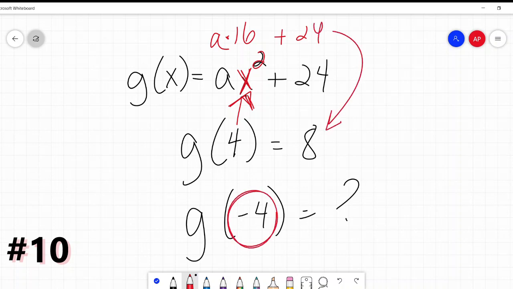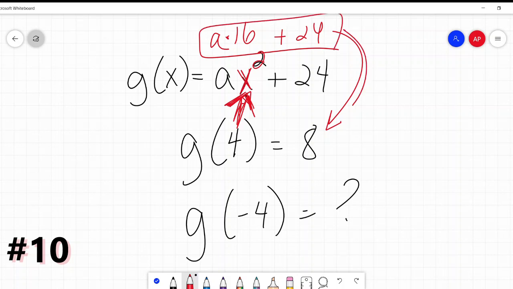What happens if I plug negative 4 in for x squared? Aren't I going to get 16 again? So nothing has changed. So the shortcut is like, wait a minute, if I plug negative 4 into this, I get 16. So the same process will happen and 8 will spit out again. The answer is 8. So you don't even have to solve for the constant.